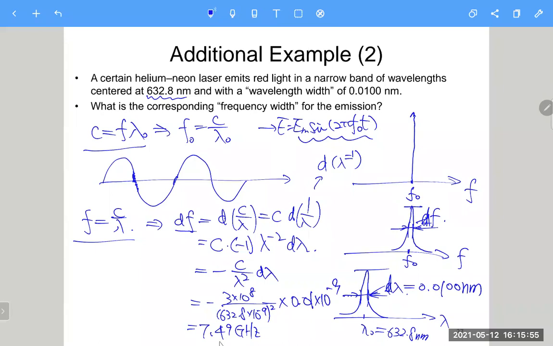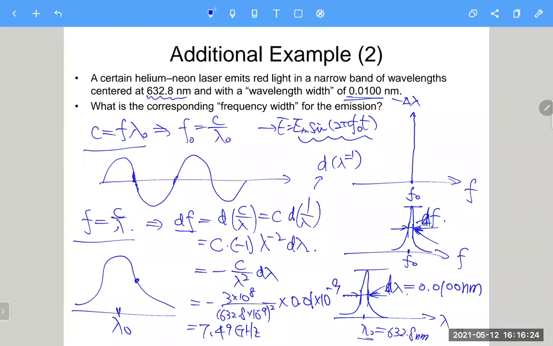Actually, if you think the calculus is too difficult, you can just consider this frequency f0, or maybe this is lambda 0. Maybe I can draw it larger like this. So this is lambda, and this is the delta lambda.